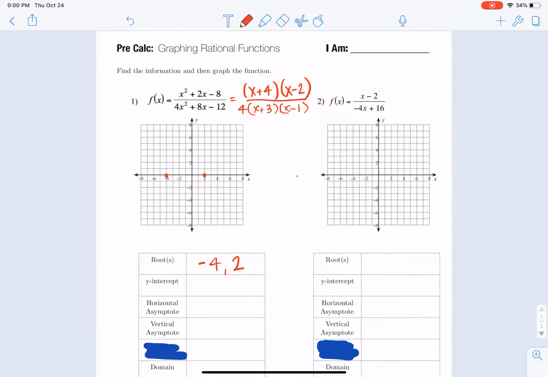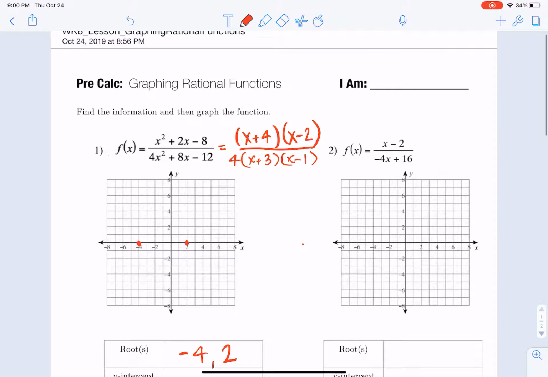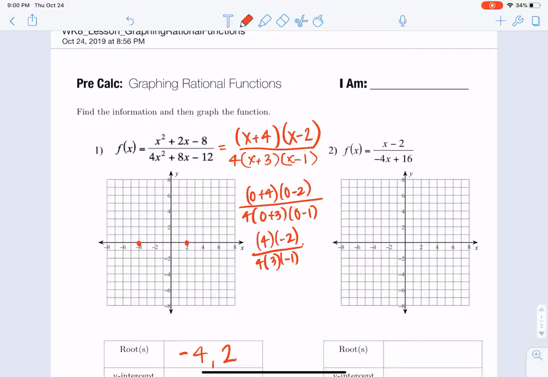For my y-intercept, I can plug 0 in for x. So here I'll end up getting 0 plus 4, 0 minus 2, all over 4 times 0 plus 3, 0 minus 1. This is going to give me 4 times -2 all over 4 times 3 times -1.